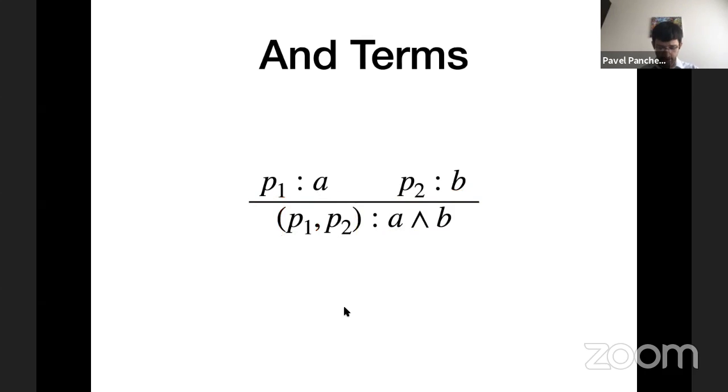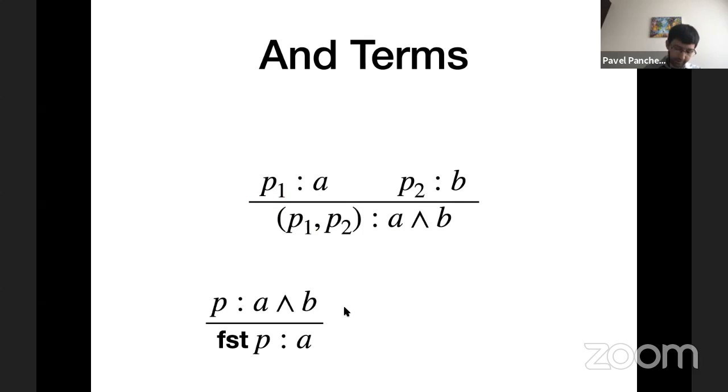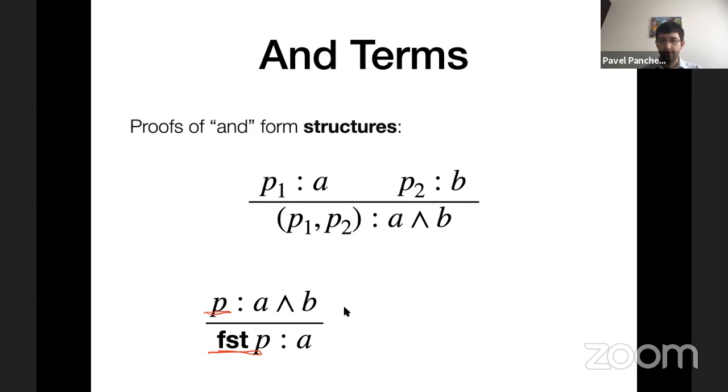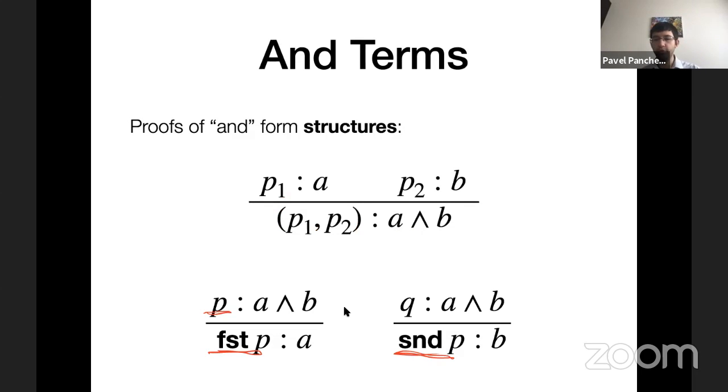And that's going to represent the proof rule and introduction, that pair of parentheses. And similarly for eliminating and terms, I'm going to have some proof of A and B. I'm going to use first and second to represent the 2 things I can derive out of A and B, my proof of A and my proof of B.